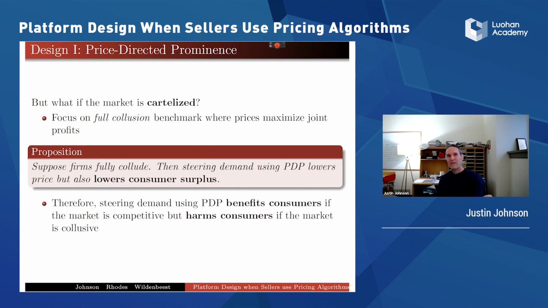Now PDP, so you can think about the collusion framework. The intuitive way to think about it is that now there's a single firm that controls all N of the products, so they're obviously going to raise their prices very high. Now if the platform implements PDP and only shows 9 of the 10 products, that multi-product monopolist is still going to find it optimal to lower prices a little bit because it's almost like it has less variety now.